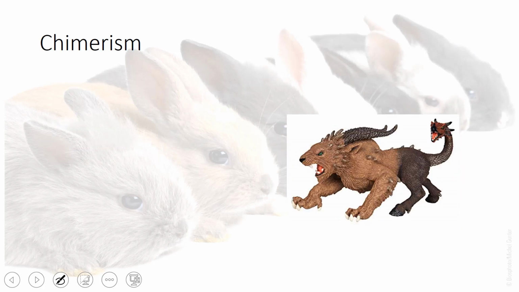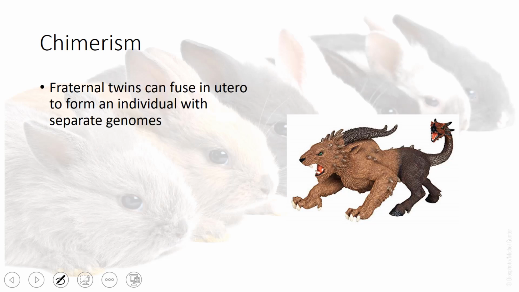Chimerism, again, the existence of genetically distinct cell lines, but in here, the ancestry of the two lines is different. And so probably the most common cause of this is when fraternal twins fuse in utero, and then you end up getting cells from one twin persisting in the twin that then becomes in some way the dominant twin, if you will, the only individual that actually survives.